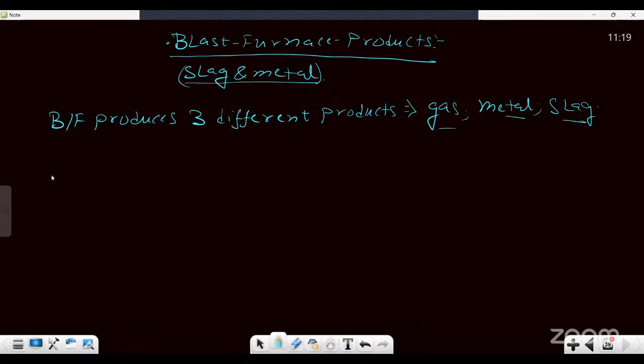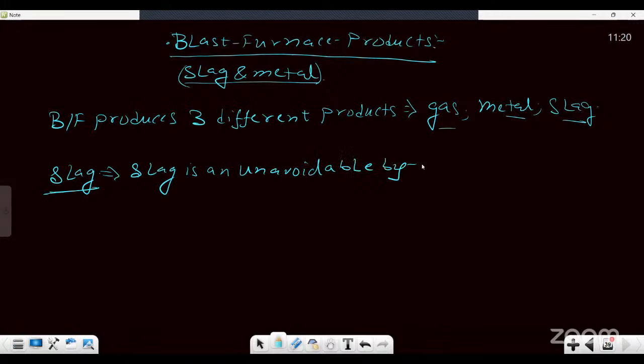So what is slag? I want to describe slag. Slag is an unavoidable byproduct of iron making, where basically the gangue materials will be there in the slag.